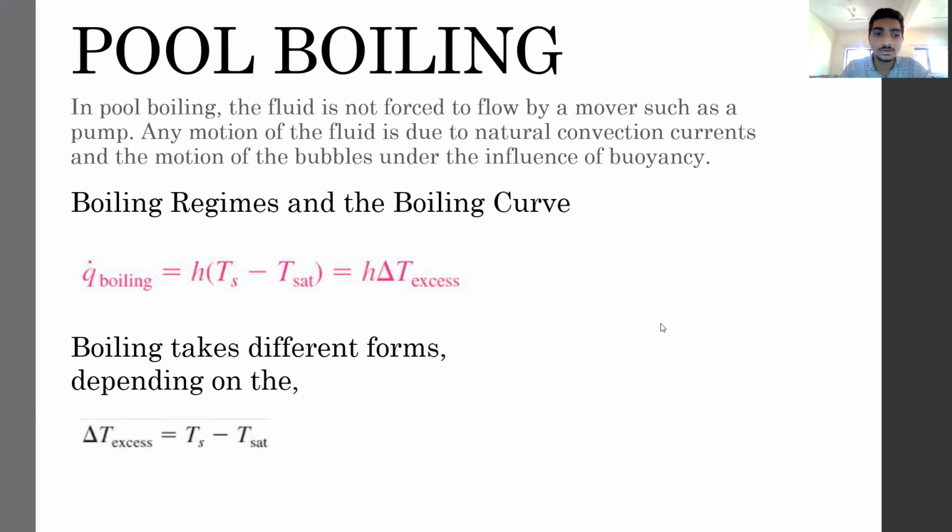This is the equation for boiling: Q boiling equals h times (Ts minus T saturation), which equals h times delta T excess. Boiling takes different forms depending on the excess temperature, which we calculate as the surface temperature minus the saturation temperature.